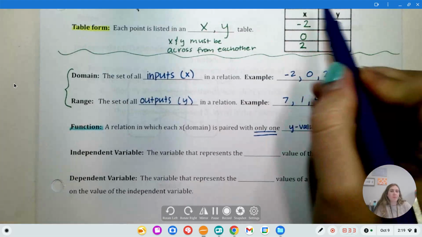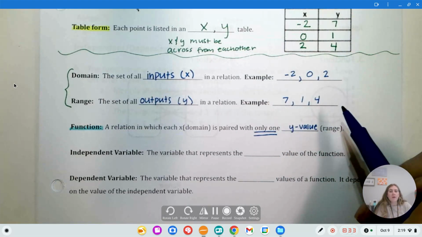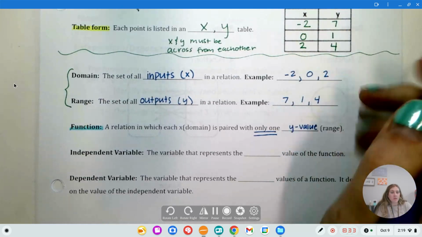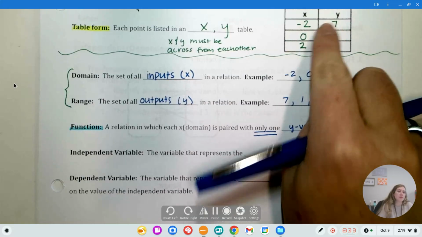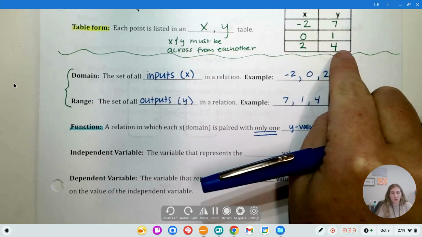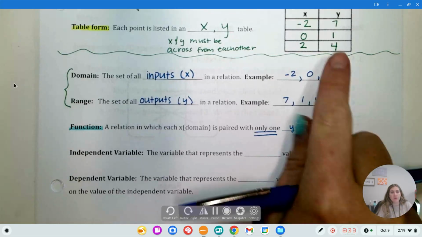So this example up here in our table, negative 2, 7, 0, 1, 2, 4, this is a function because no x's repeat. Negative 2 goes to 7, 0 goes to 1, 2 goes to 4. Every x has only one y. So this is a function.